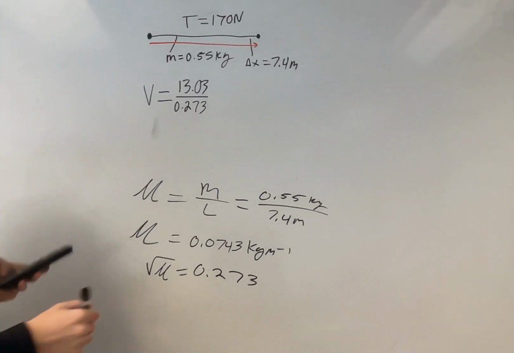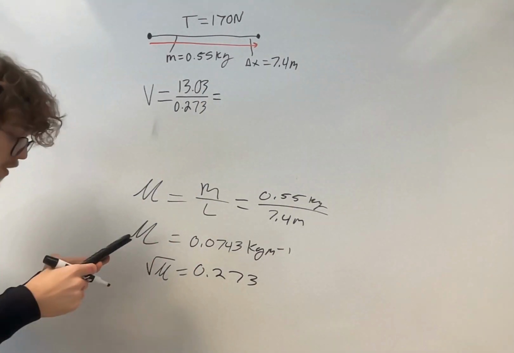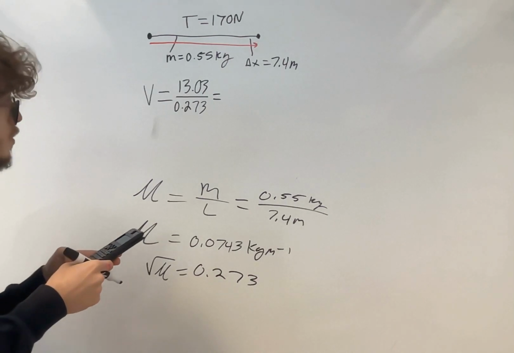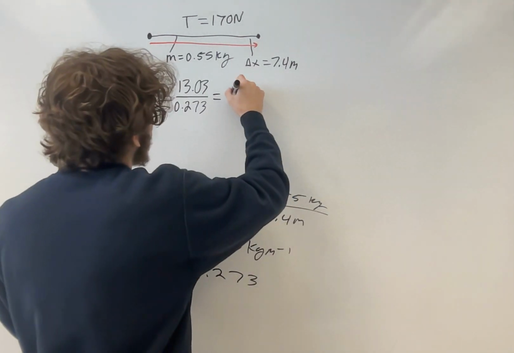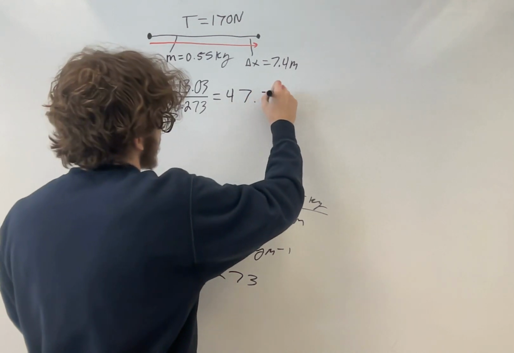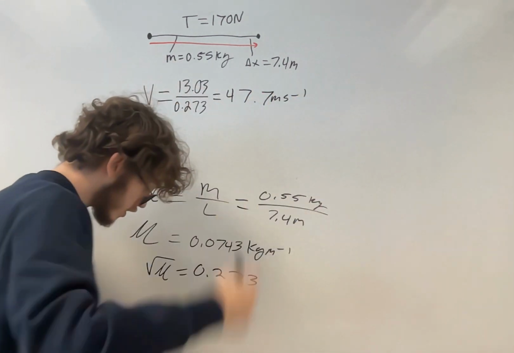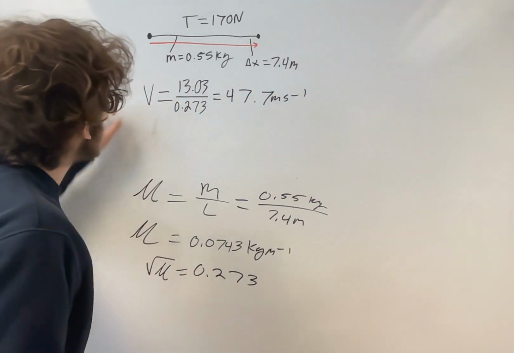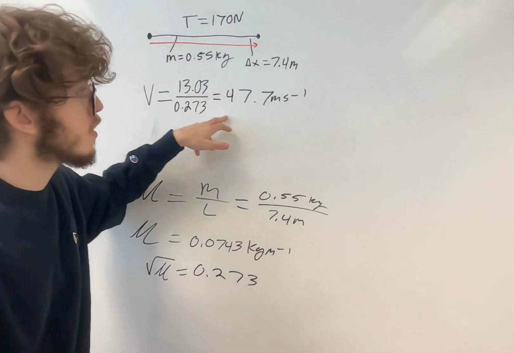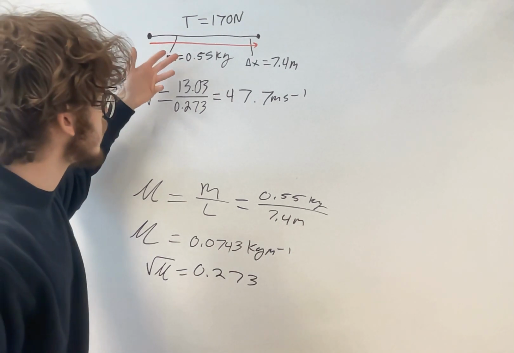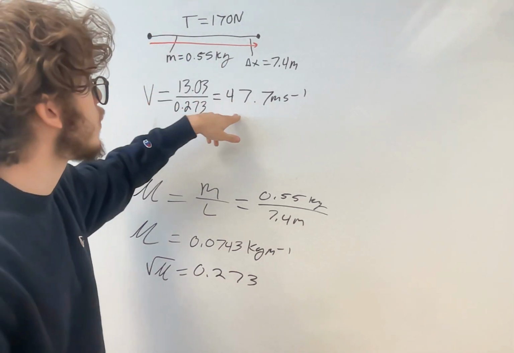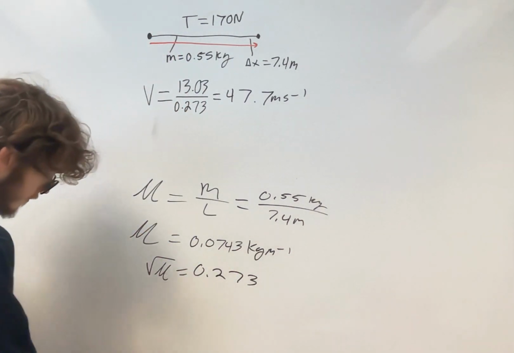So when we actually do this, we're going to get our velocity to be 13.03 divided by 0.273 is equal to 47.7 meters a second. So when we pluck the string, or like a chord, for example, that wave is going to travel at 47.7 meters a second.